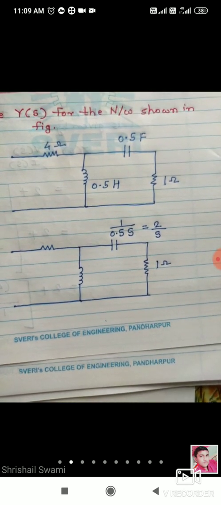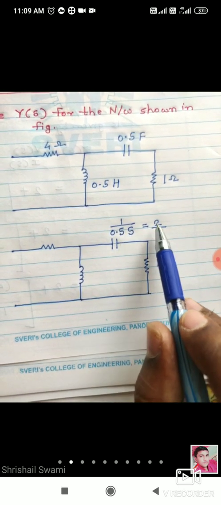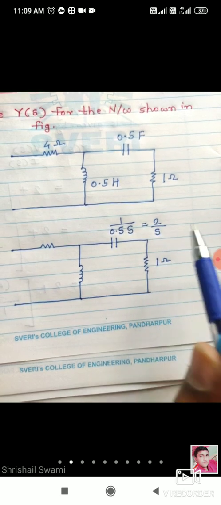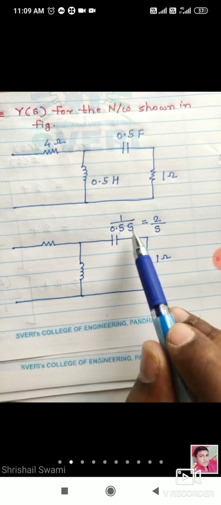Can I write it like that? Because simple 1 upon 0.5 S compared to this, this is simple to remember and for calculation also. So 1 upon 0.5 means 2. So 2 divided by S.